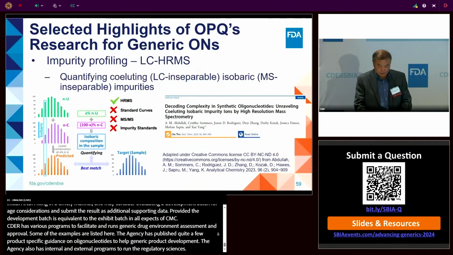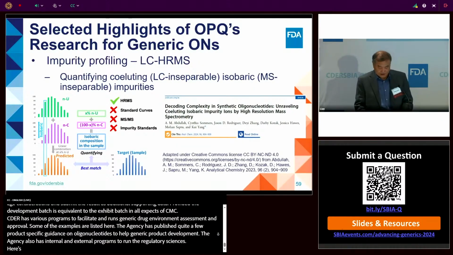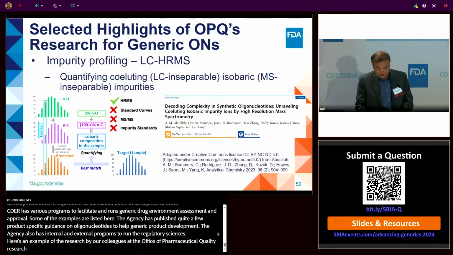Here's an example of the research by our colleagues at the Office of Pharmaceutical Quality Research to address the challenges in analyzing co-eluting isobaric impurities. These impurities were difficult to differentiate and quantify by conventional methods such as LC-MS.